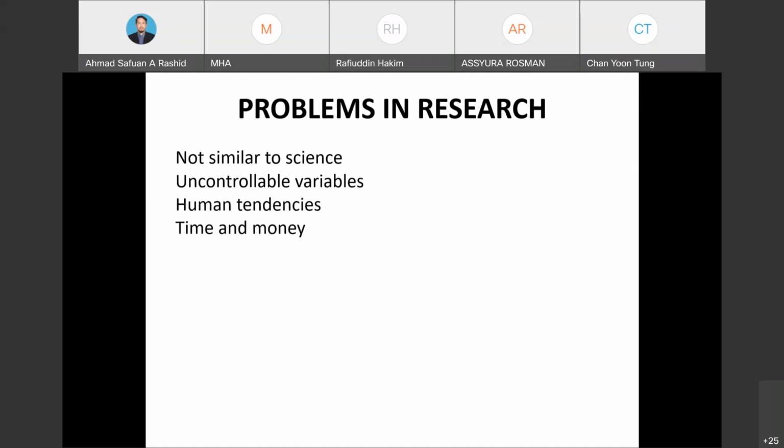So for my style, I need to make sure that I have equipment and material. So I need to have some grant to provide this kind of equipment and material to my student.